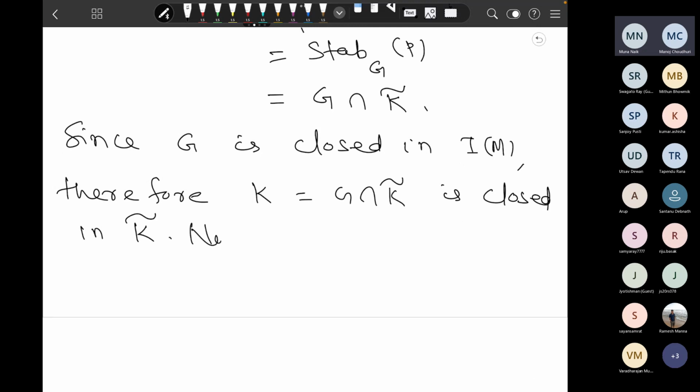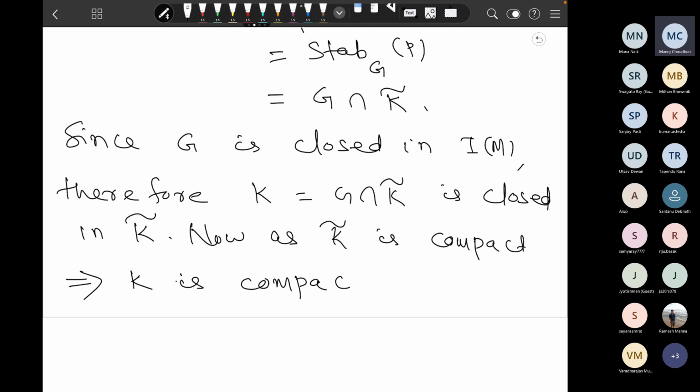Now as K tilde is compact, and K is closed in K tilde, this implies K is compact.